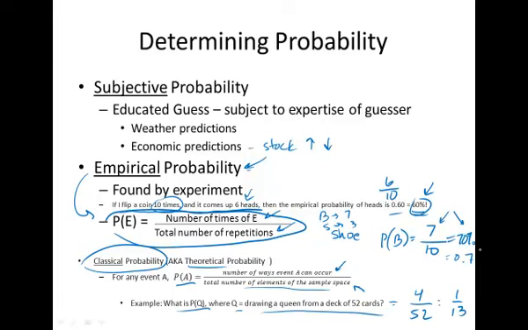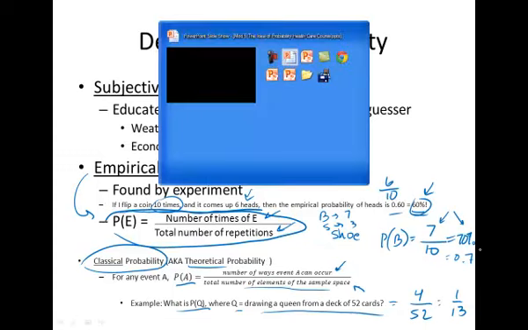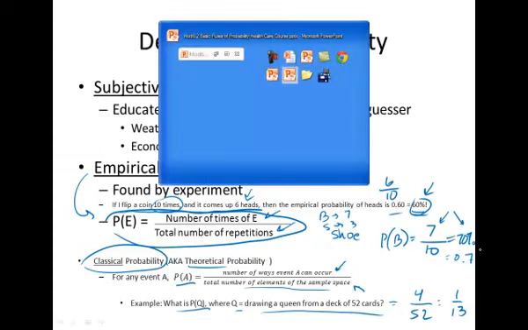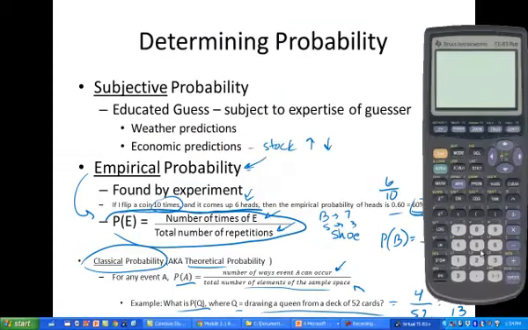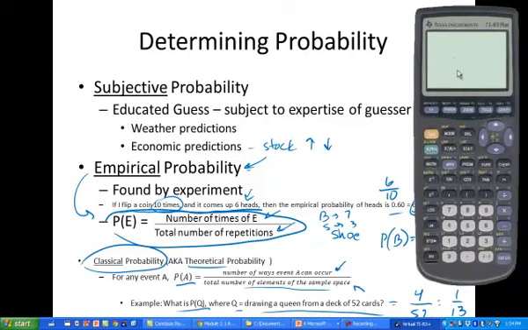So if you wanted that as a percent, let's say, then you would go to your trusty calculator and you would say 4 divided by 52. Now there's a couple of things that you can do with this calculator. You can get a decimal. Okay, so the decimal is 0.077 approximately. You can also turn that into a percent by multiplying by 100.